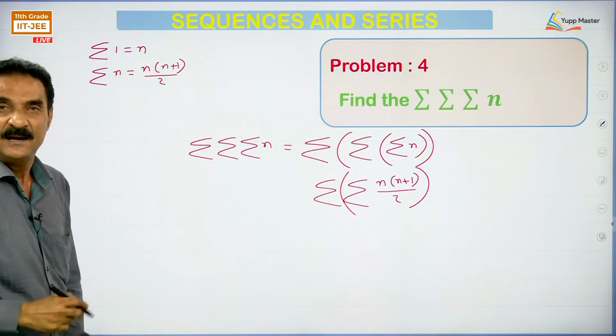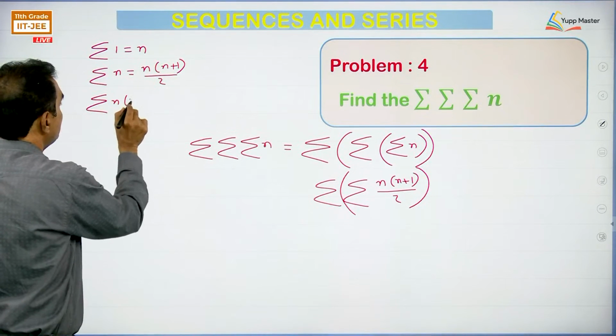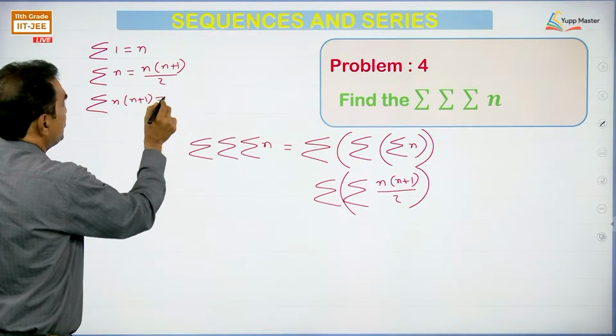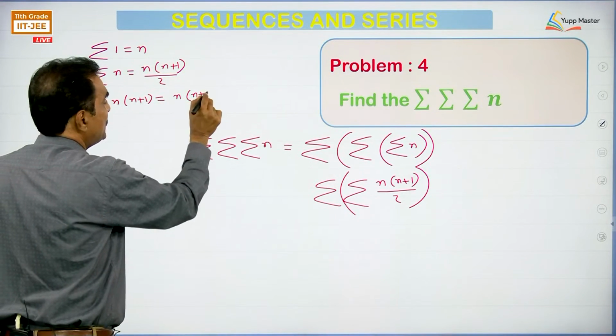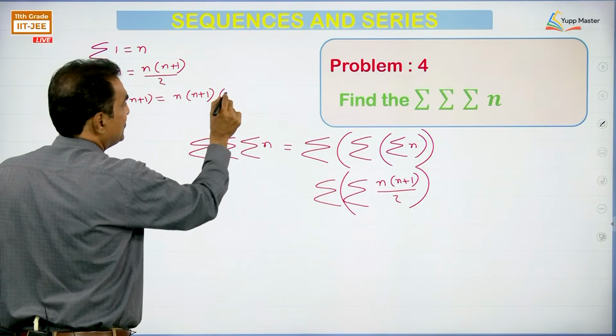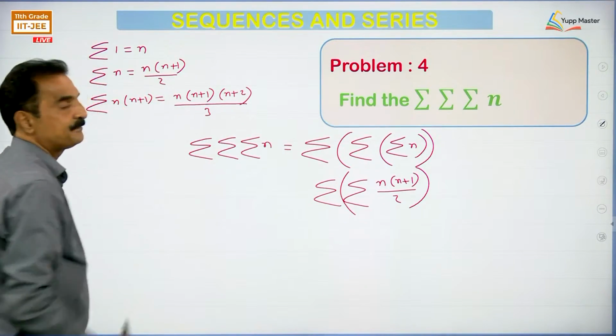Next, sigma n into n plus 1 is nth term n into n plus 1 into next factor n plus 2 by number of factors 3.